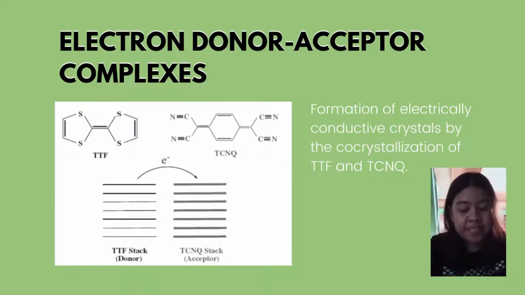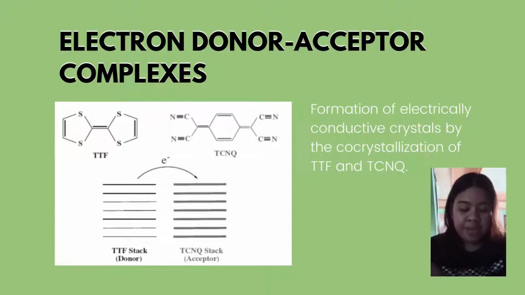This provides a pathway for electrical conduction. The pure tetrathiafulvalene is not an electrical conductor, but it can relinquish an electron to form a radical cation, and the partly oxidized stacks are semiconducting.